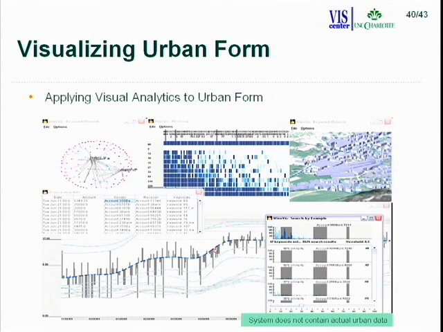So let's say that we start to integrate a lot of these more abstract visualization elements alongside this urban form idea. Now we can start to really see how a city changes from more of a data perspective. And by the way, this is not actually built. The background image, this whole system was actually built for Bank of America on international wire transfer fraud detection.